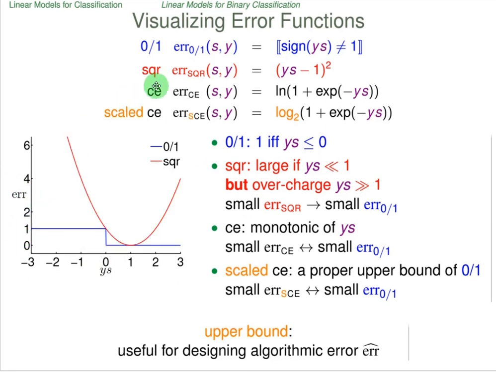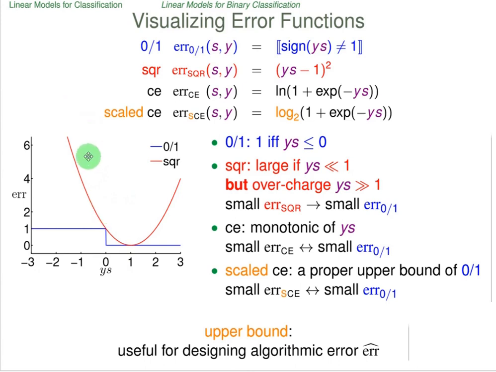Now, if you plot the squared error, we obtain the following figure. Let's take a look at it and try to compare it with the 0-1 error function. The squared error is large if ys is smaller than 1. If ys falls in this region, then the error will be high.